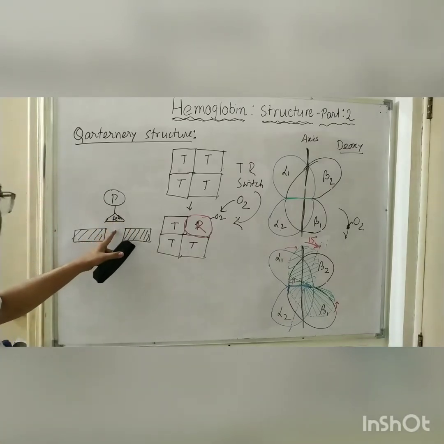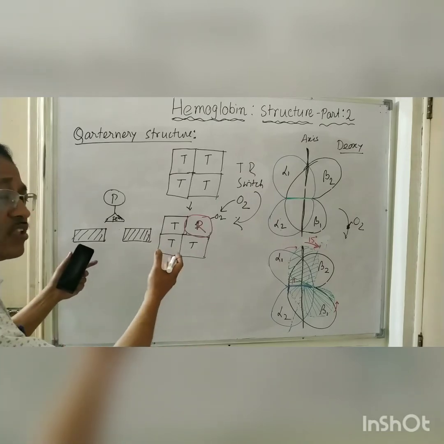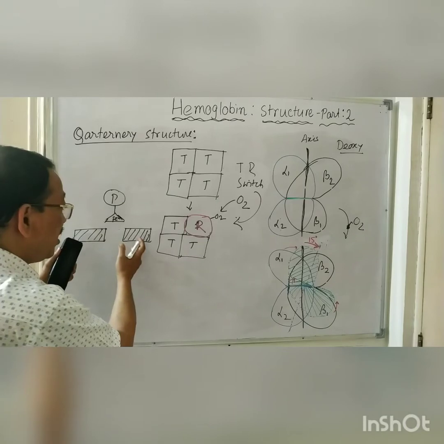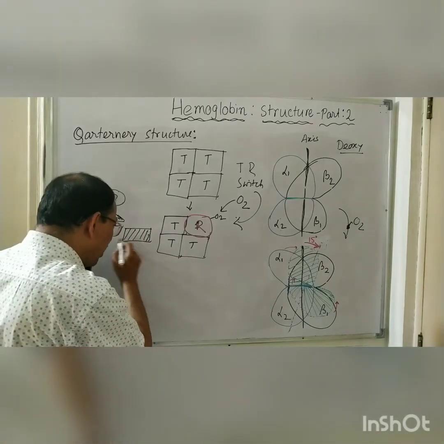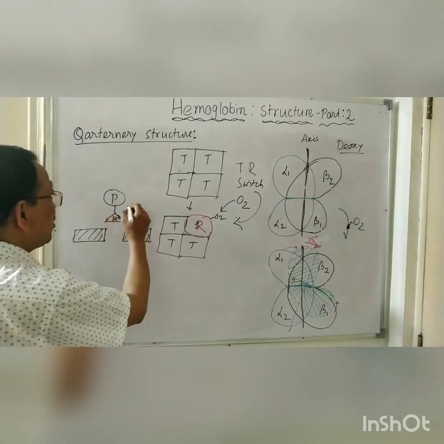Now this ferrous ion, as I told, is 0.06 nanometer above the plane of the heme ring. So they do not lie in the same plane. This is the case in the deoxygenated condition.